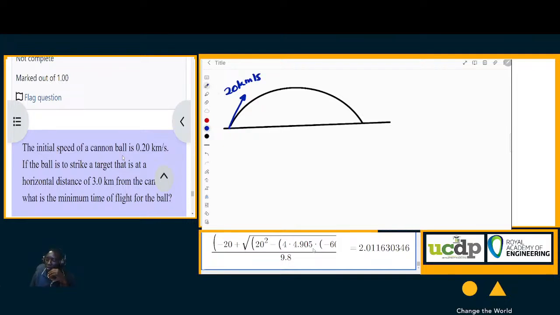It's actually horizontal, right? That is at a horizontal distance of 3 kilometers. What is the minimum time of flight?